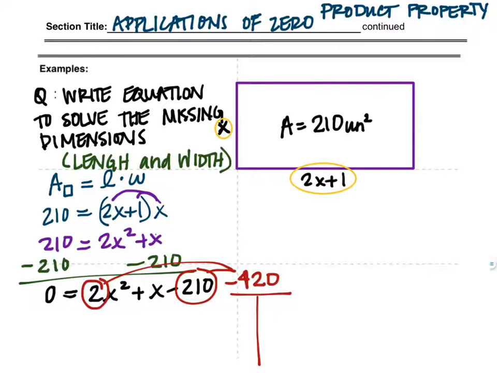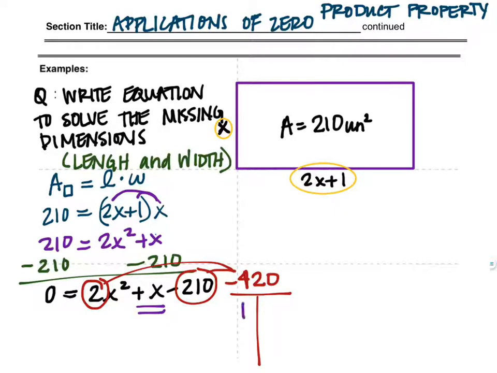I could go through that huge amount and go 1 and 420, 2 and 210. I want to find something that will get me close to 1. I need these factor pairs, and I'm looking for one that's going to add to 1. So I'm going to have a fairly big number, and I'm going to take a look and see what I find.